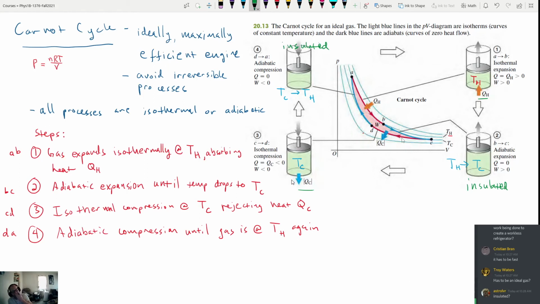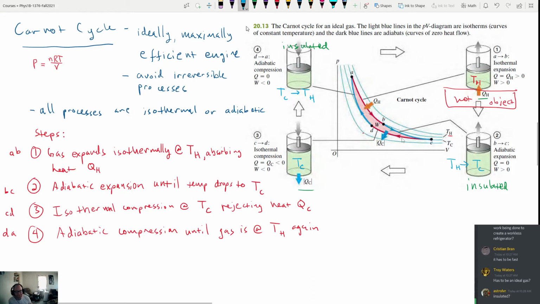So, other versions of this I've seen, you have to take the gas and put it in different places. The idea would be that if you're absorbing heat, you're putting this in contact with a hot object in order to maintain its temperature, right? Otherwise, its temperature is going to change.